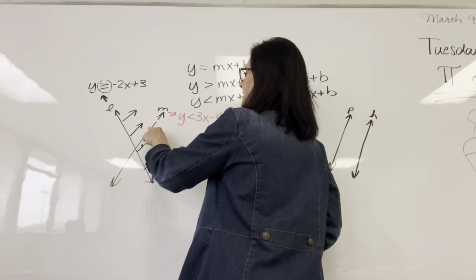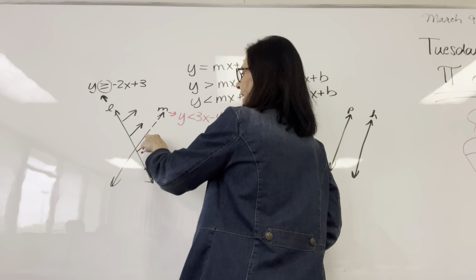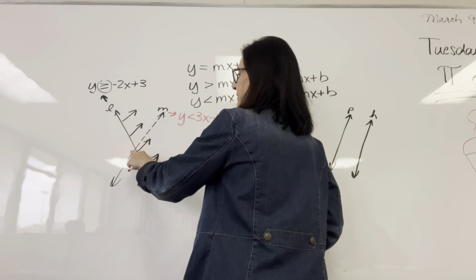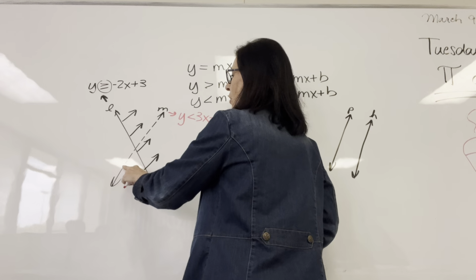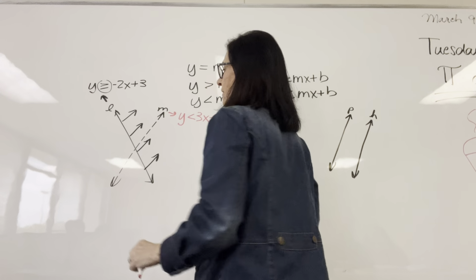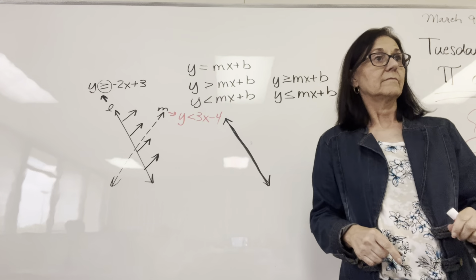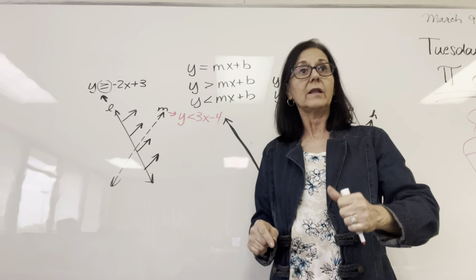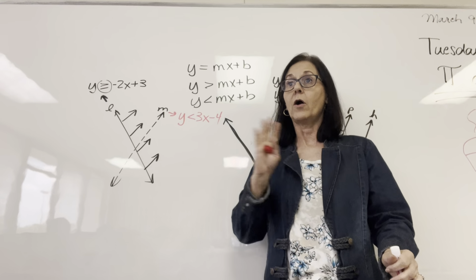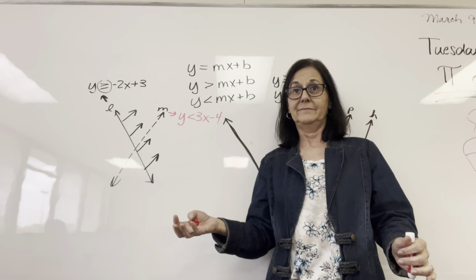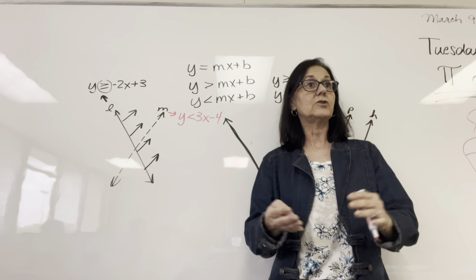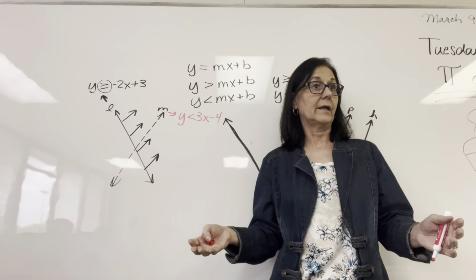So when we have less than, we're going to indicate that by a hyphenated line. We will not draw a solid line when the inequality is just less than or greater than, okay? Hyphenated line when you don't have an equality.